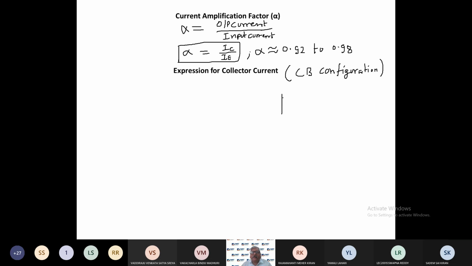So you see this figure here. N, P, N: emitter, base, collector.